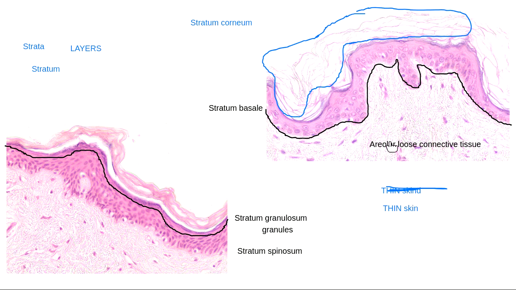Right next to all the areolar loose connective tissue that I see inside here are the cells of stratum basal. So stratum basal is one row of cells found right next to areolar loose connective tissue, the papillary layer of the dermis. Let me throw out a review word for us here.